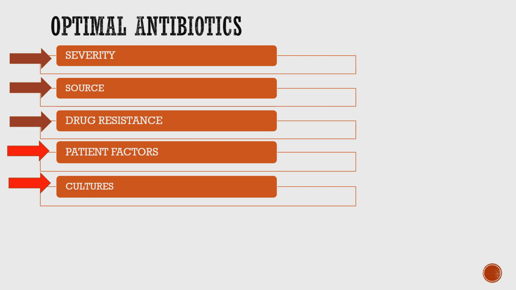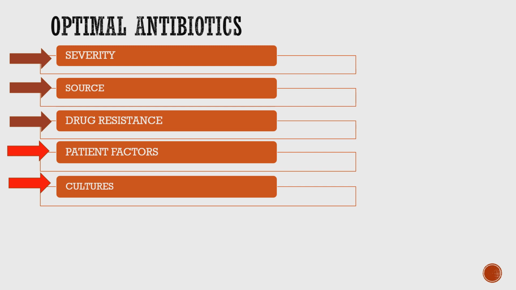There could be two types of drug resistance information. One, if the patient is already suffering from recurrent UTI or any infection, and the patient already has some report showing an antibiotic sensitivity pattern, then we have to select the antibiotic on the basis of this. Or if this is not available, then we have to check the local antibiogram. So what is the common susceptibility of E. coli in our area?